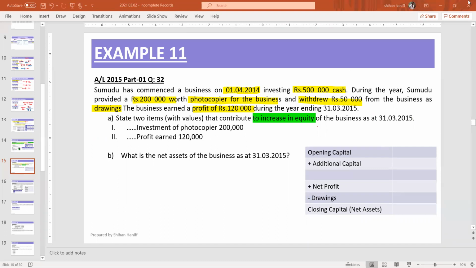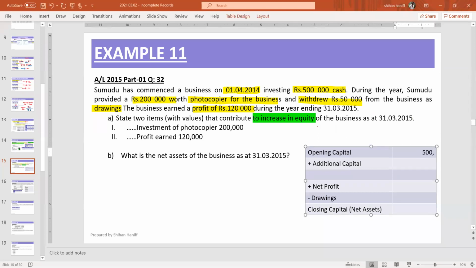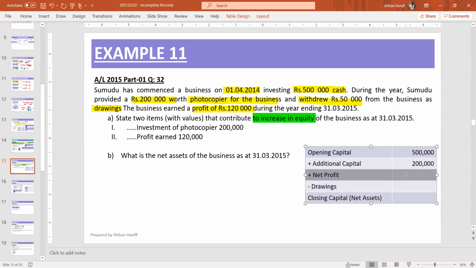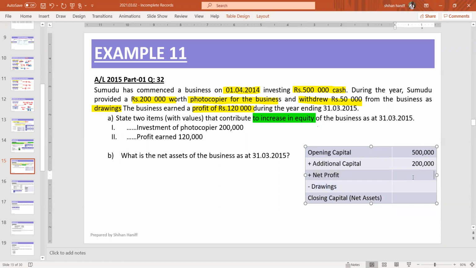Now let's calculate the net asset, closing net asset. Opening capital is 500,000. Additional capital is 200,000, which is the photocopier. Net profit is 120,000.